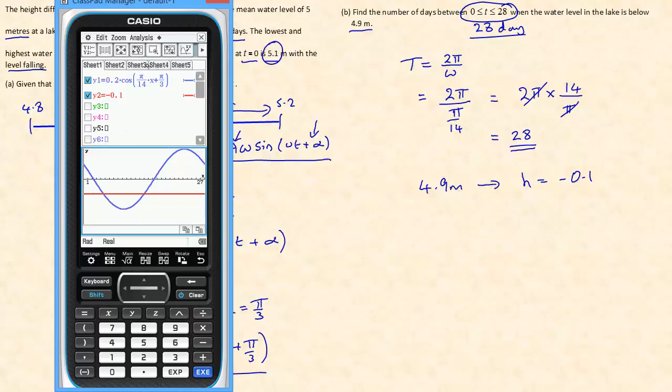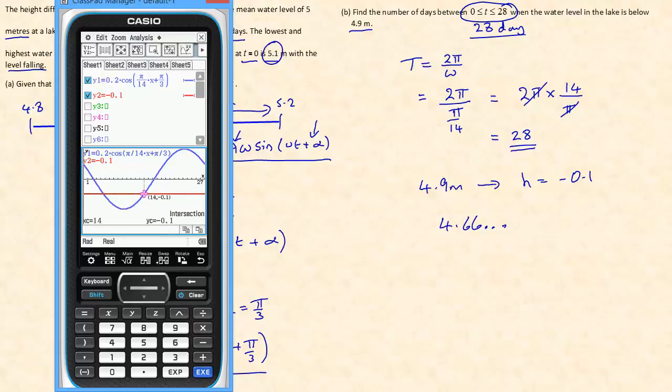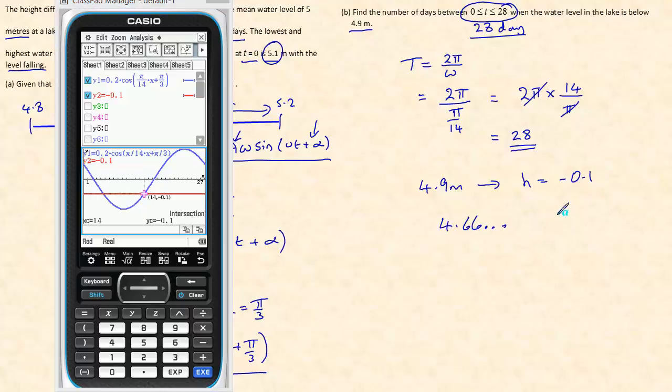So, analysis, G-Solve, intersection. So that one is at 4.6 and so on. And then go across for the other intersection, which seems to be at exactly 14.